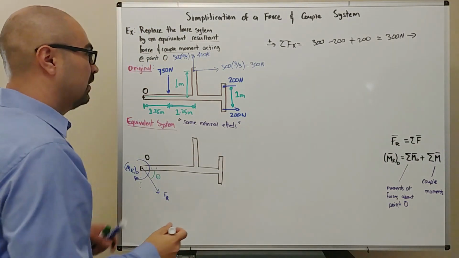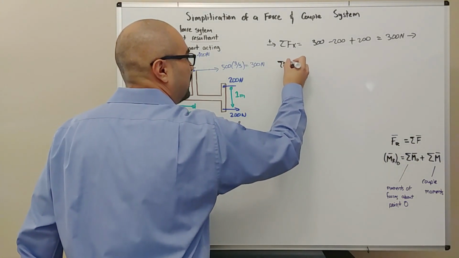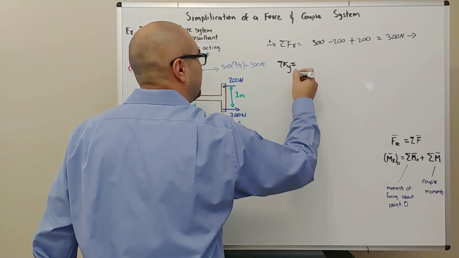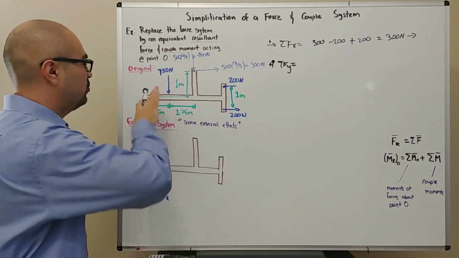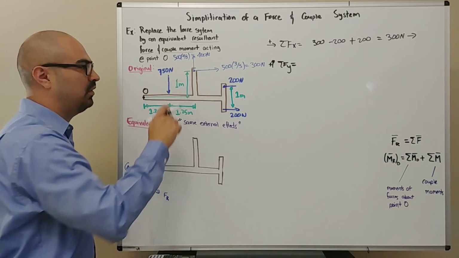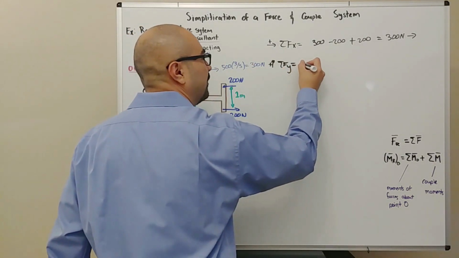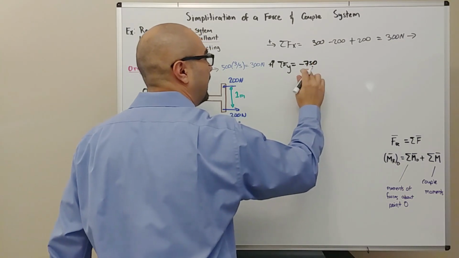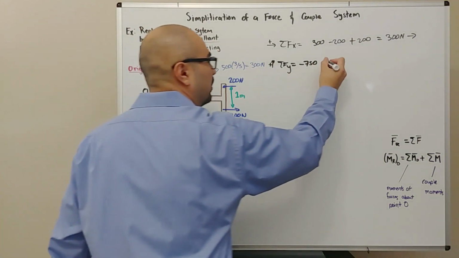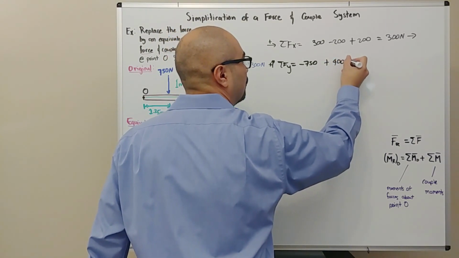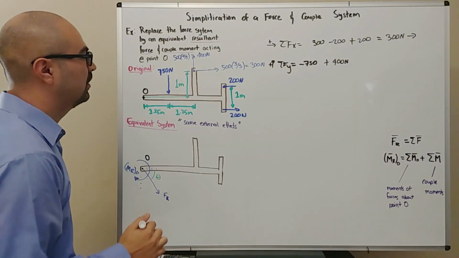Now let's go ahead and do the sum of the forces in the y direction. Again, anything that points up is positive. I'm going to sweep from left to right. I started with 750. It's pointing down, so that's a minus 750. Then we have 400 pointing up, so plus 400 newtons, right?